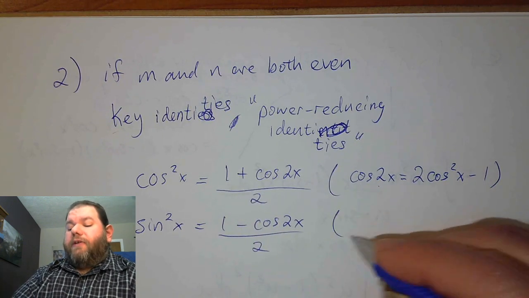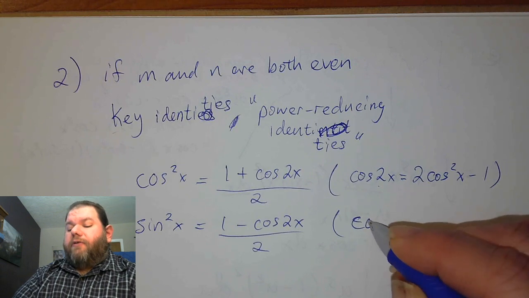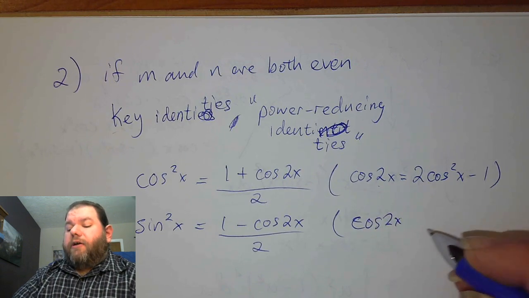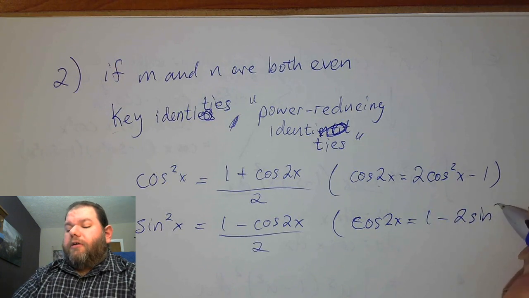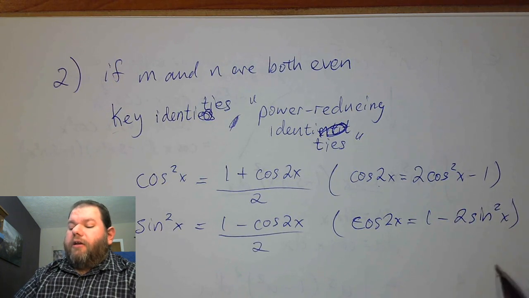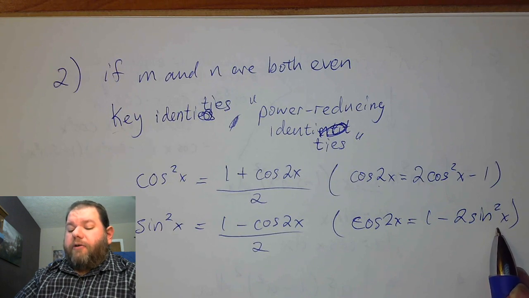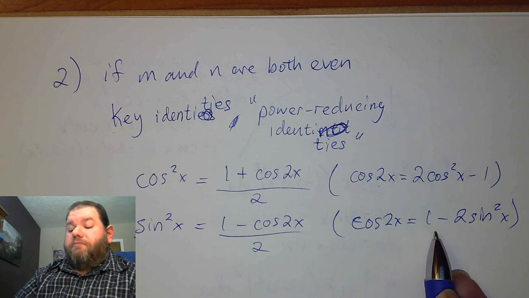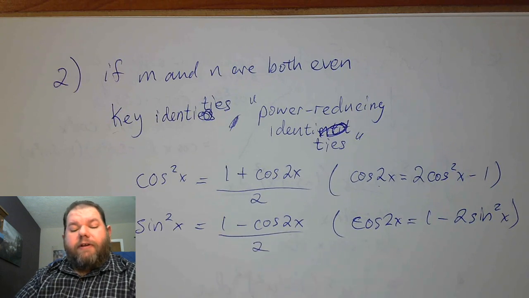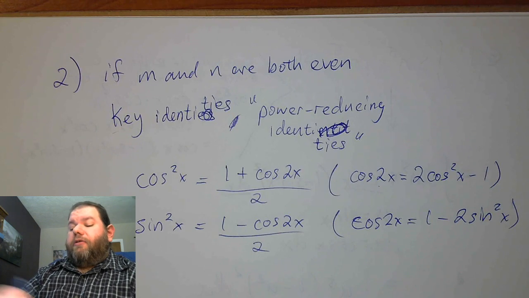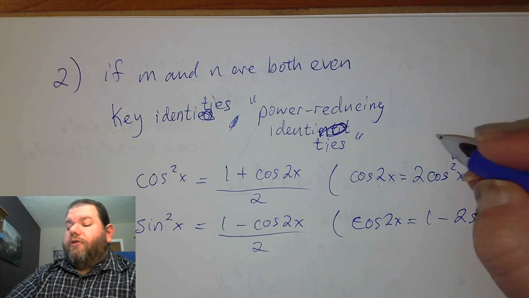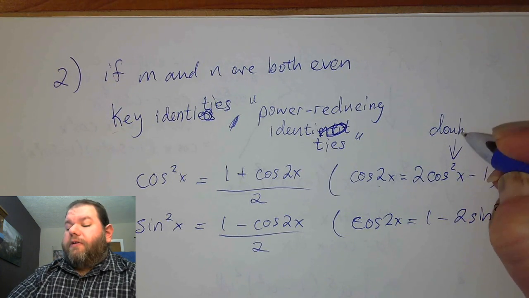The second identity comes from the fact that cosine of 2x is equal to 1 minus 2 sine squared of x. And again, to solve for sine squared, we subtract the 1 over and divide by negative 2, which changes the signs here on top. So, anyway, these are our double angle identities.